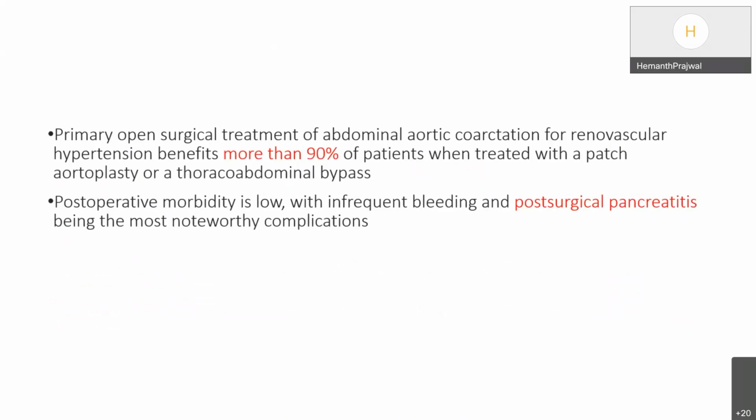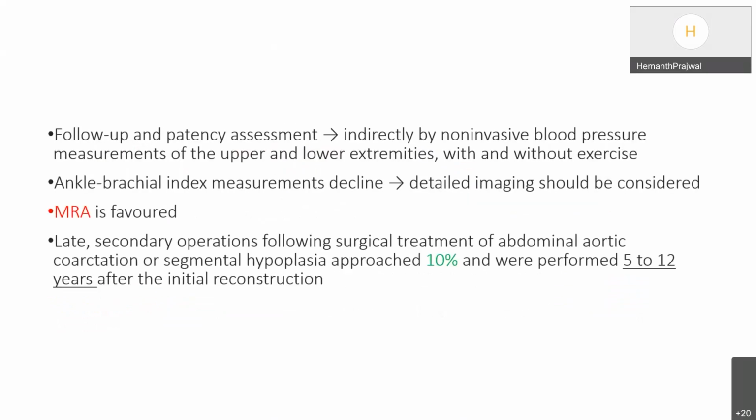The primary open surgical treatment of abdominal aortic coarctation for renovascular hypertension benefits more than 90% of these patients, whether treated with patch aortoplasty or a bypass. The post-operative morbidity is low, and the most noteworthy complication is post-surgical pancreatitis. The follow-up of these patients can be done indirectly via non-invasive blood pressure measurements of the upper and lower extremity with and without exercise.